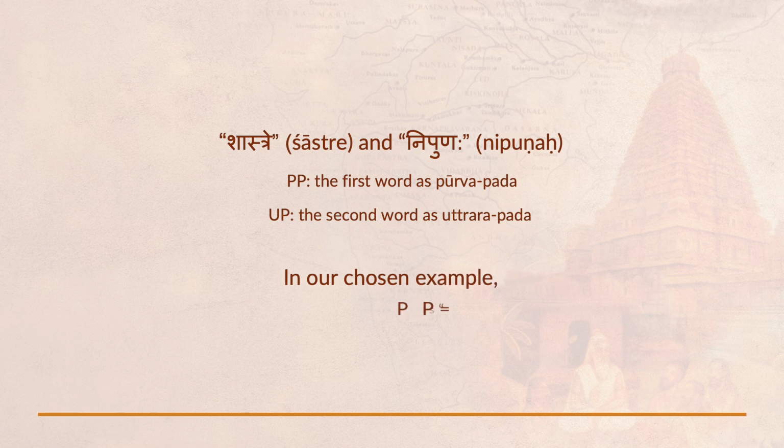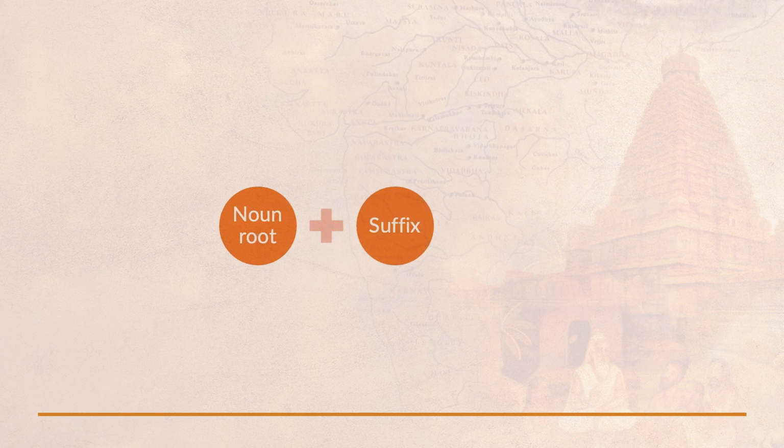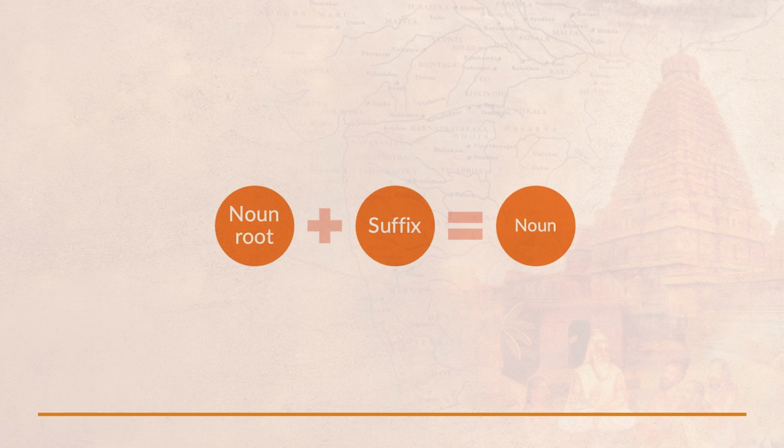As we saw in an earlier video, noun forms in Sanskrit are generated from a noun root using some suffixes. There is a noun root, then we add a suffix, Ram plus something, we get Ramaha, Ramo and all that. Therefore, the suffixes of the two words can be dismantled to obtain the respective noun roots.